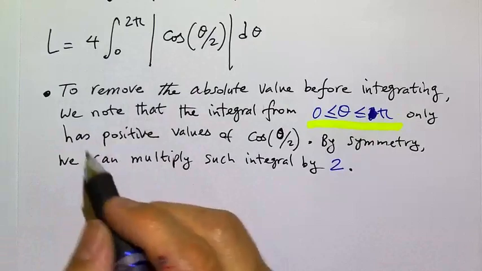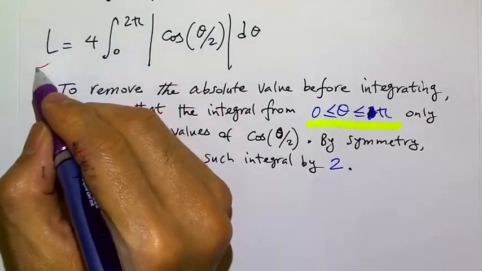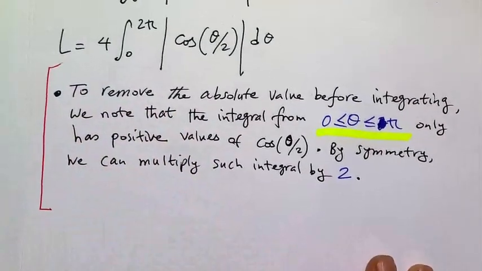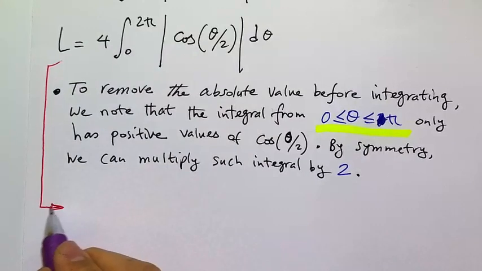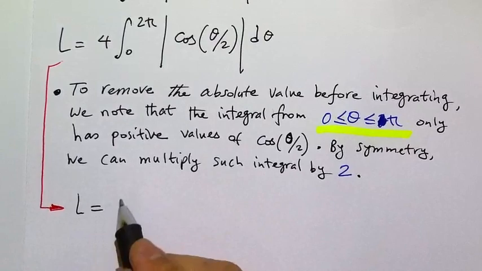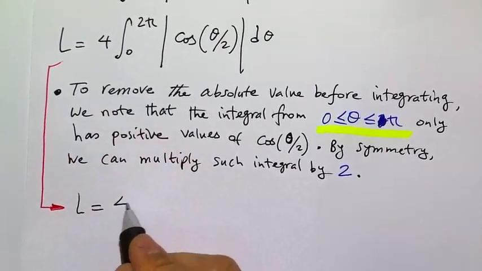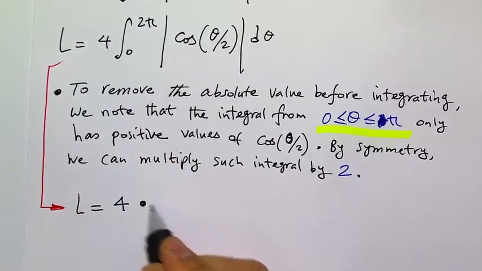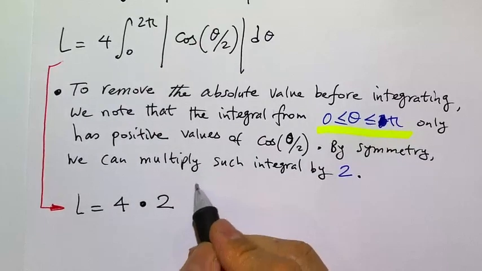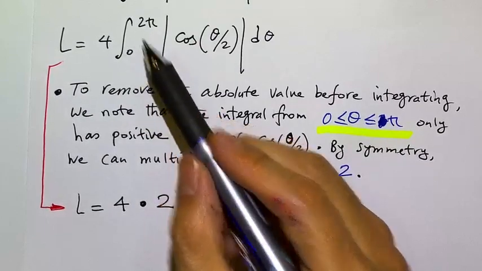So here it is. So the length is that, we had 4, now times 2, but now notice the limits of integration.